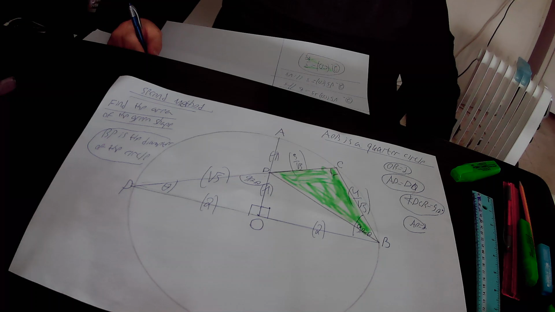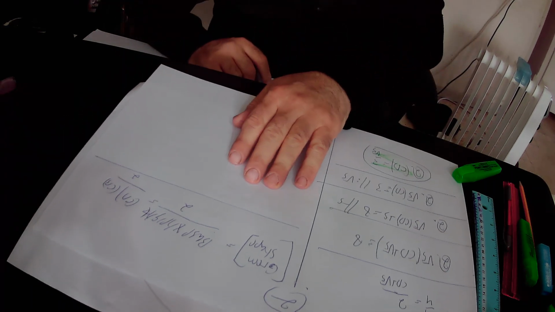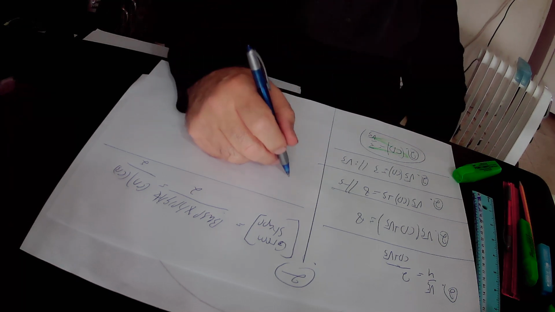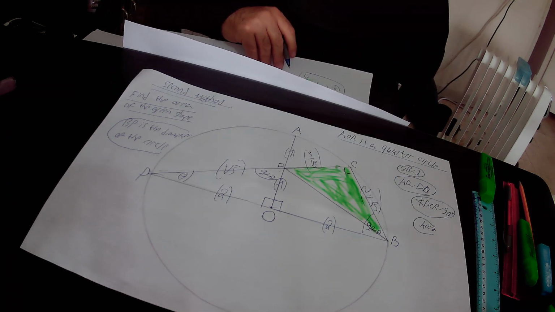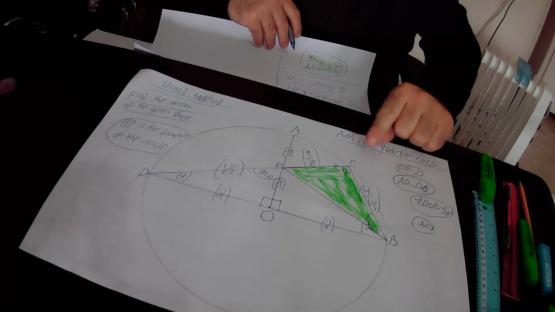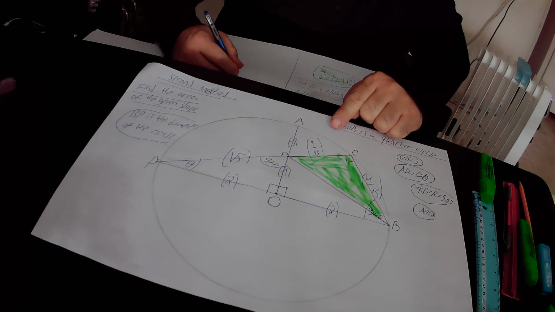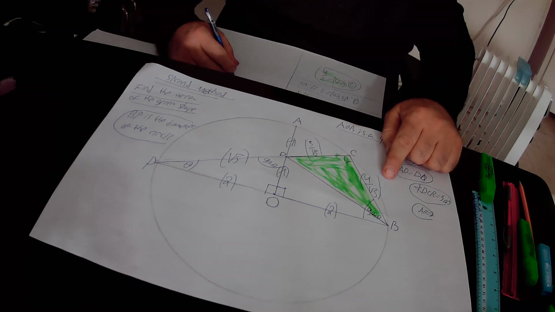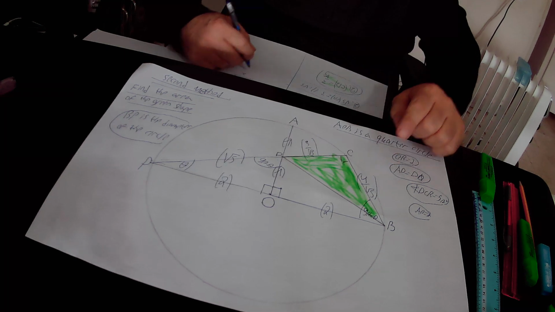So the height is CB divided by 2. The base of the green triangle is CD, the height is CB over 2. CD equals 3 over square root of 5, times CB, CB equals 4 over square root of 5, divided by 2.